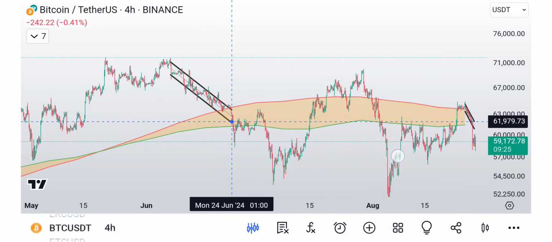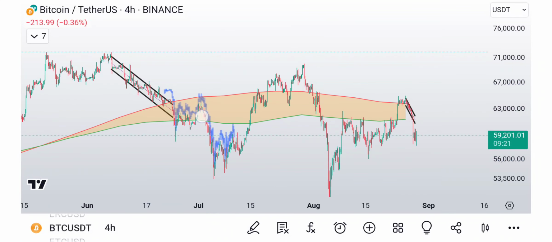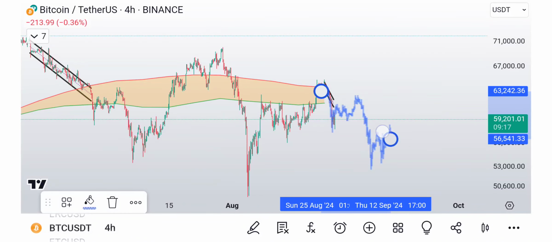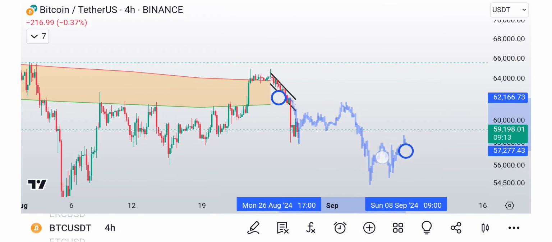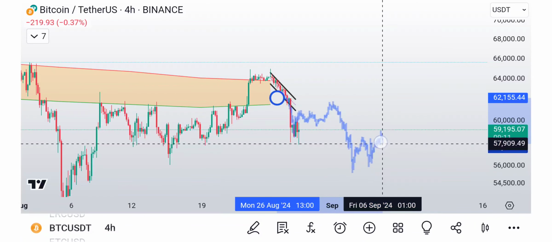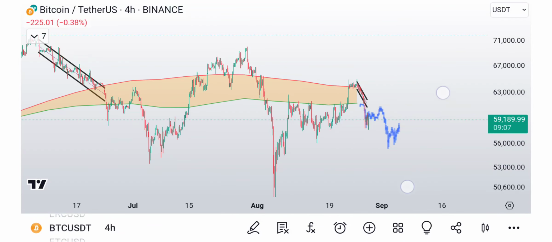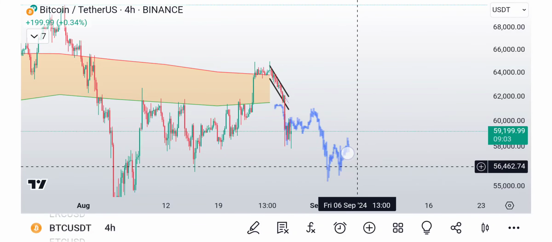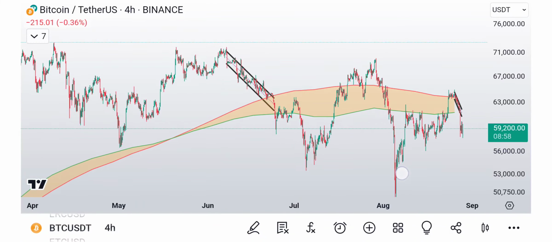So if I take a bars pattern here and scale it to its appropriate size, we could see something like that, where we come up and then hit it one more time.